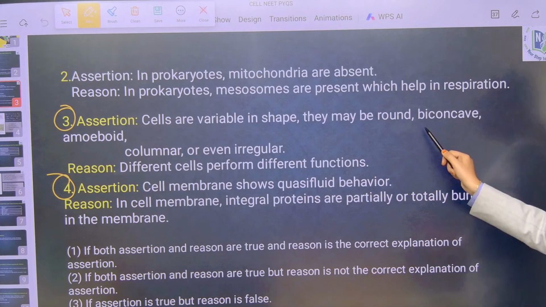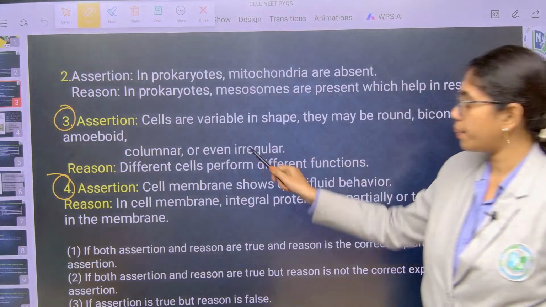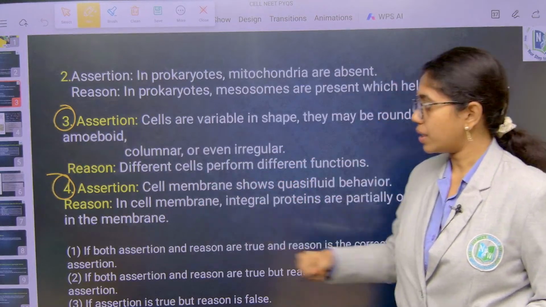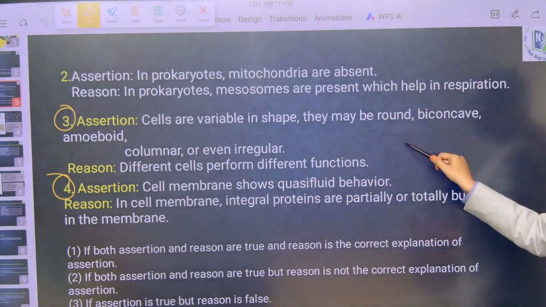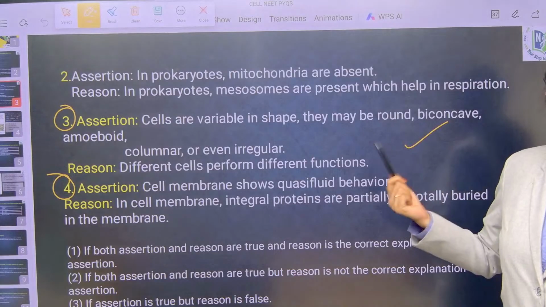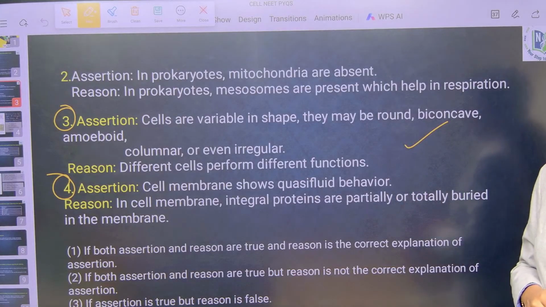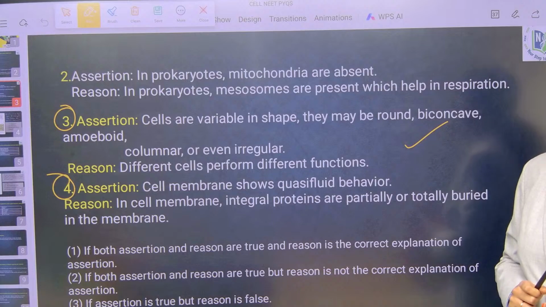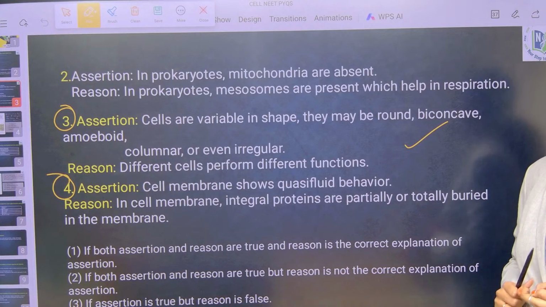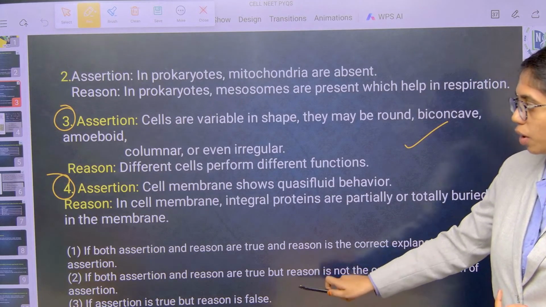They may be round, biconcave or amoeboid, columnar or even irregular. Reason: Different cells perform different functions. Assertion and reason are true, but is it explaining or not? No. Okay, so it is what? Second option. Next question.